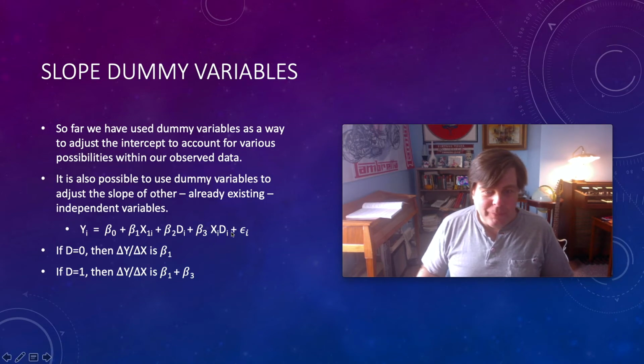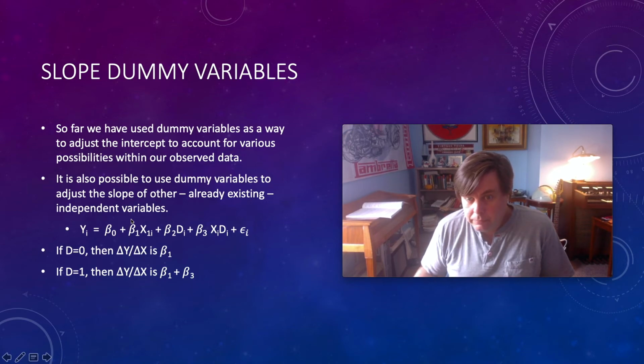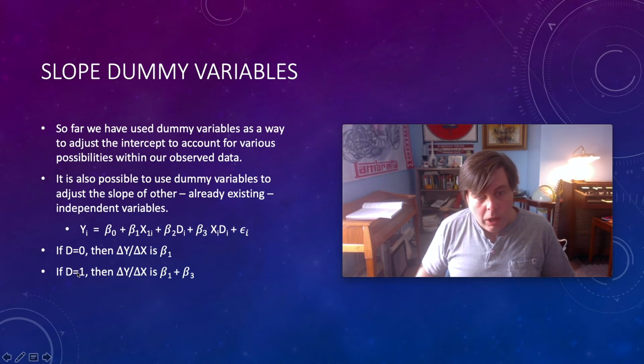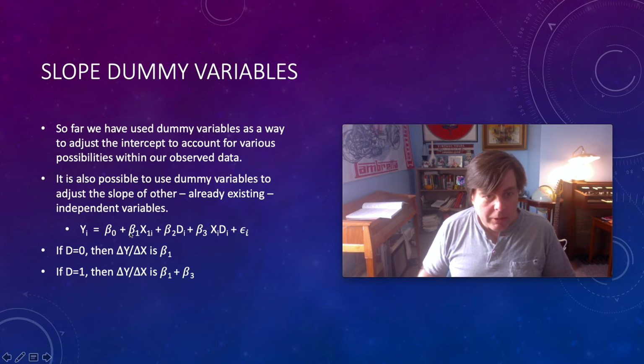And so what we're going to get is, if the dummy variable equals 0, then this drops out and this drops out, and these become 0. This whole chunk becomes 0, and then the change in y with respect to a change in x is beta 1, or this one right here. And if the dummy is 1, then this turns on, and our change in y with respect to a change in x now becomes the sum of this and this.